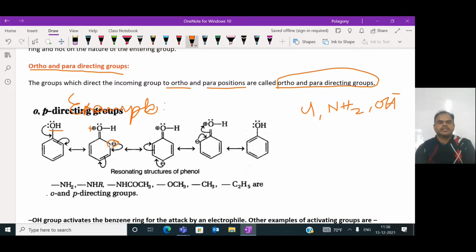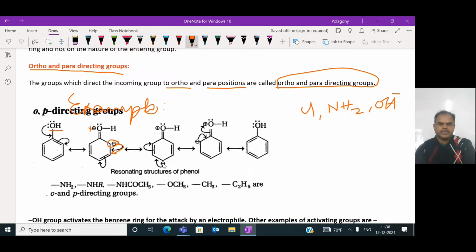When the negative charge is present on this carbon, the electrophile attacks, and the ortho compound is formed. But if the electrophile does not approach this carbanion, the negative charge moves inside the ring, causing repulsion of the pi electrons.